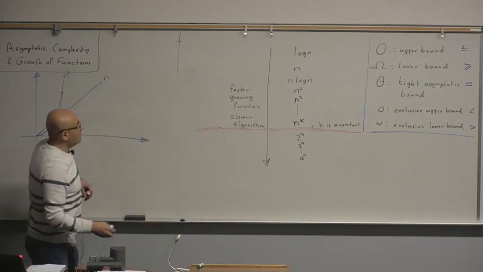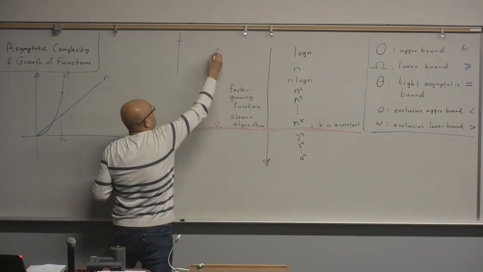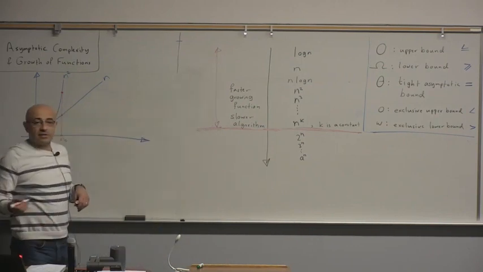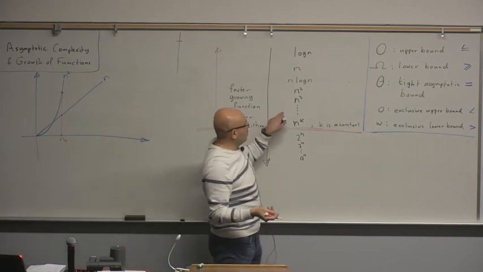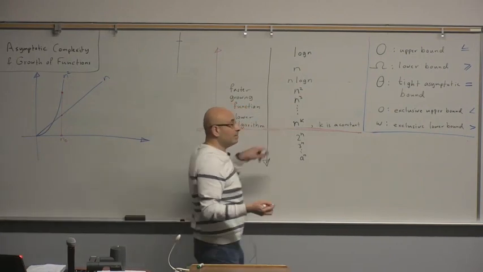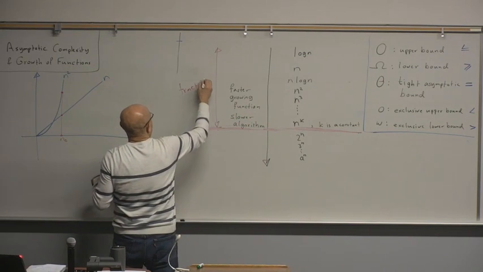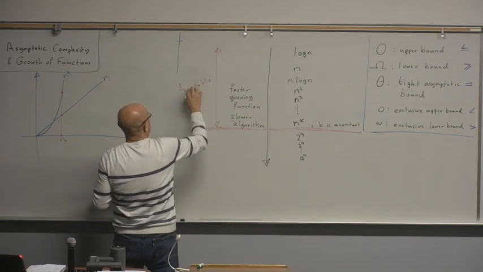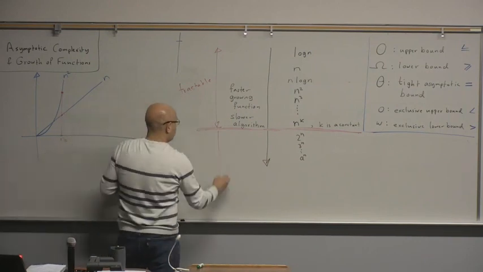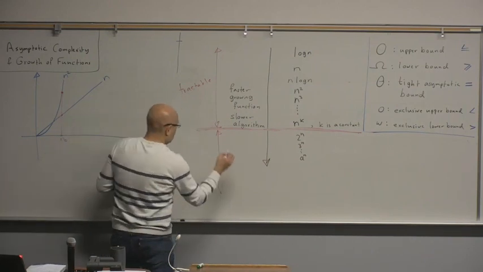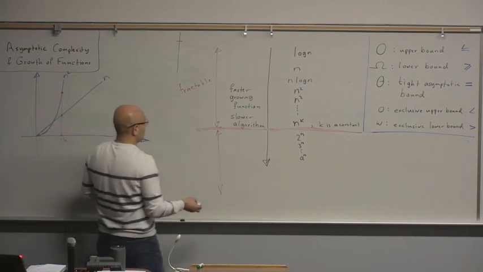So in fact, if the running time is in the polynomial range, the problem is considered tractable. So if there is a polynomial time algorithm, it's tractable, which means it's relatively easier than a problem that does not have a polynomial time algorithm, so it's intractable.